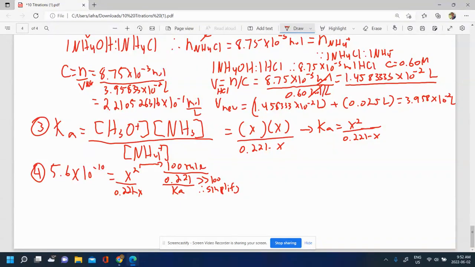And so now we get 5.6 times 10 to the power of negative 10 is equal to X squared over 0.221.